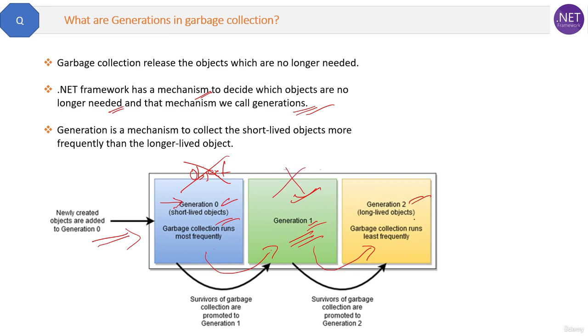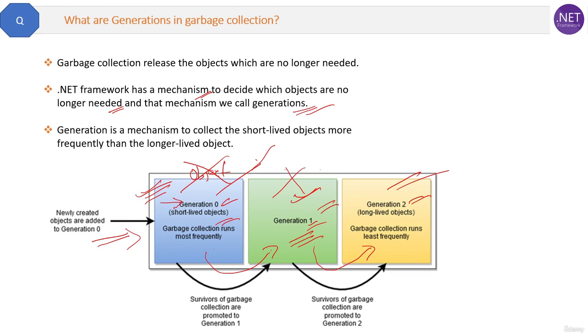Now the point is, the garbage collector will visit generation 0 more frequently, only sometimes visit generation 1, and very rarely visit generation 2. That means the objects in generation 1 and 2 live longer than generation 0 objects, because the garbage collector does not visit generations 1 and 2 frequently, right?